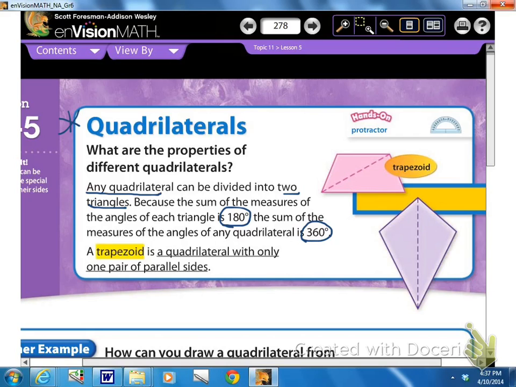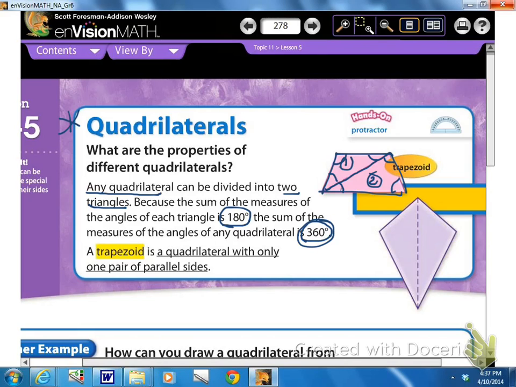So here's a trapezoid, for example, up here. And they show you that we can just draw a diagonal line, and we have now two triangles. Each triangle would have 180 degrees in these angles, but we have two of them, so you add that up and you're going to get 360 degrees.